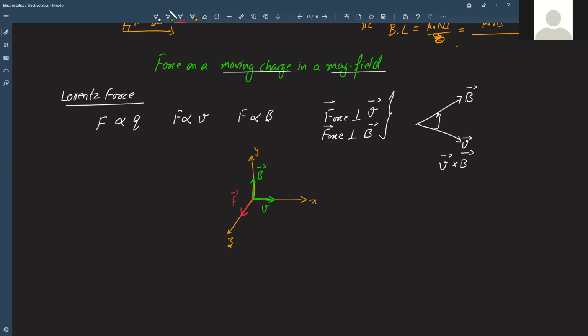Now there are three different things, so in order to remember this, you try to eliminate unnecessary things. Of the first two fingers, the forefinger points in the direction of the magnetic field. Just remember two things: the forefinger in the direction of magnetic field and force in the direction of the thumb.